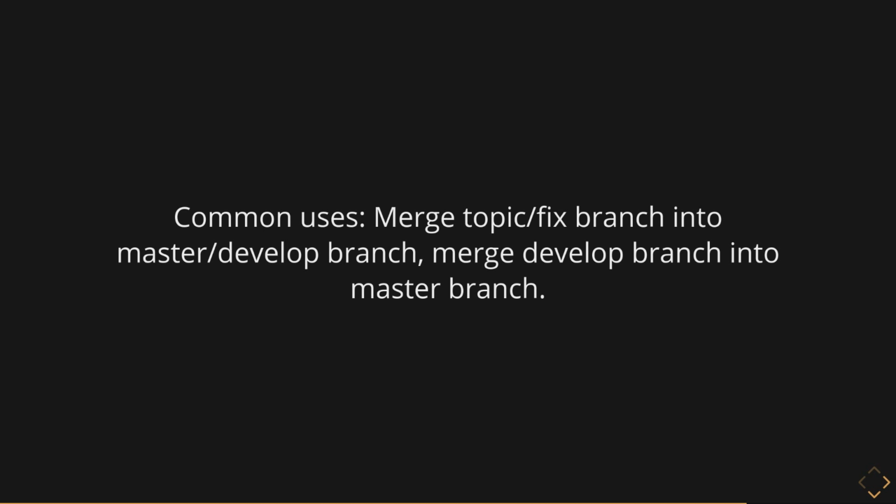And then when the features have been developed in the topic branches, you integrate that code into the long-lived branches, the master or develop branch. So merging is usually how you take that feature that you've developed, take that code, and you fold it into the main line of development.